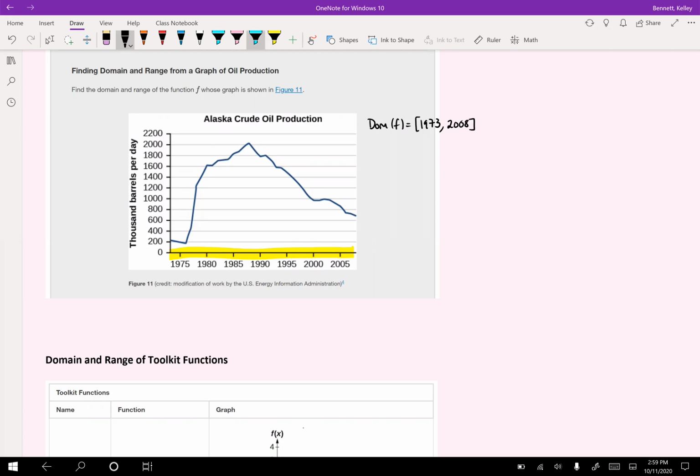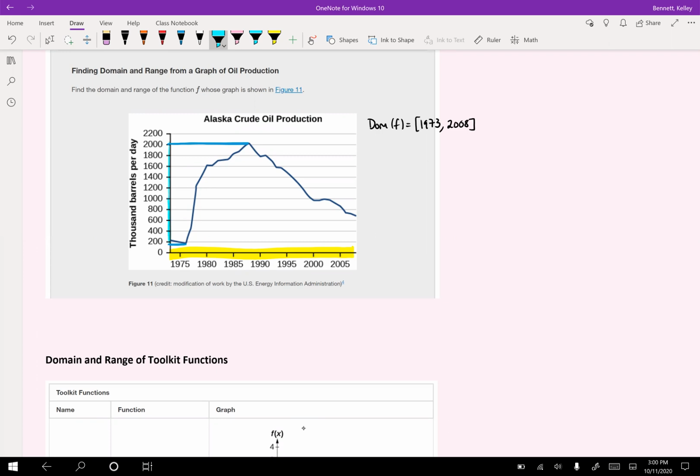And then the range is going to be all of the possible y values. Oh, not quite that high, huh? So let's see. It's going to be everything from just short of 200, and then we have our peak here, which is just a little bit above 2000. And so our range is going to be all those values in between.